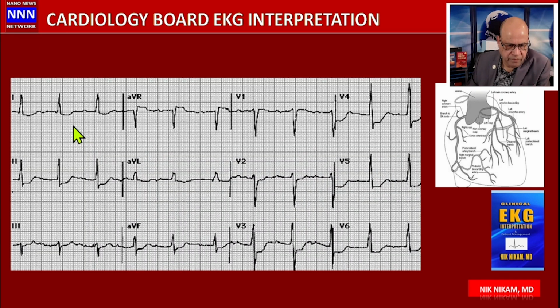In this example, we have a diffuse ST segment depression of almost 2 millimeters, horizontal ST depression of 2 to 3 millimeters in the leads V3 to V6, and also to some degree in lead 2. So this is subendocardial ischemia, and if the patient has chest pain and elevated troponin levels, this is suggestive of a subendocardial myocardial infarction.